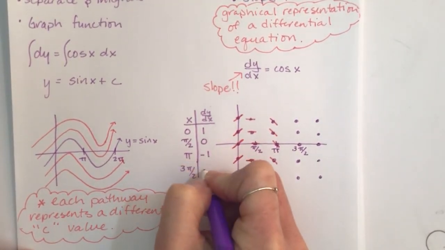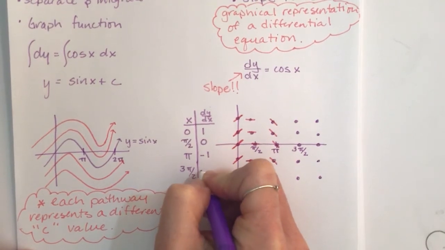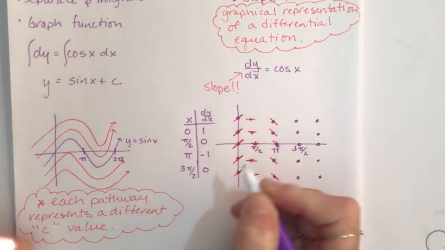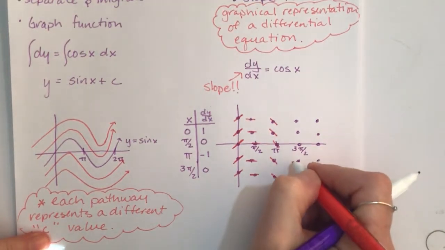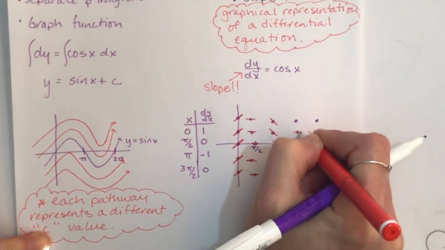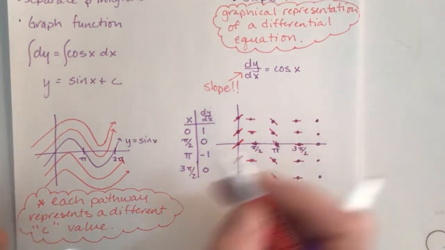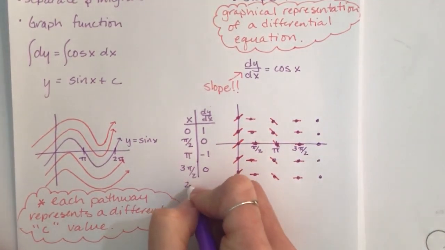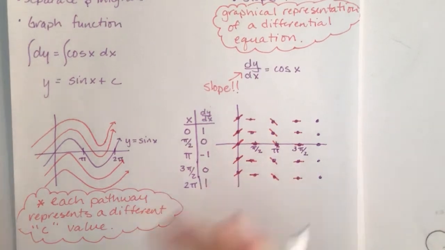And that one is 0 again, right? Cosine of 3 pi over 2 is 0. So plot the 0. And the last one, 2 pi, and we're back at 1 again.